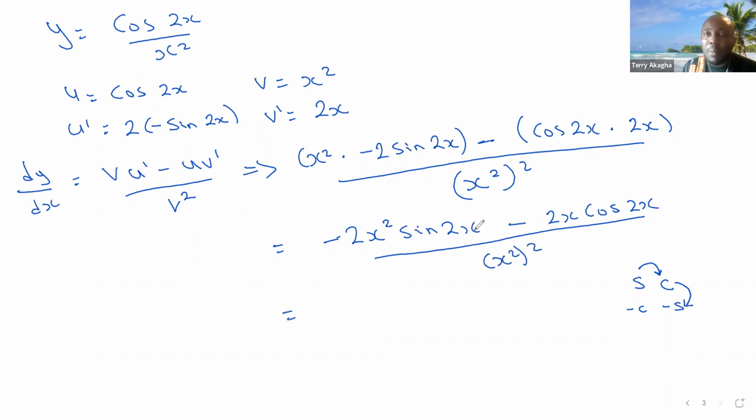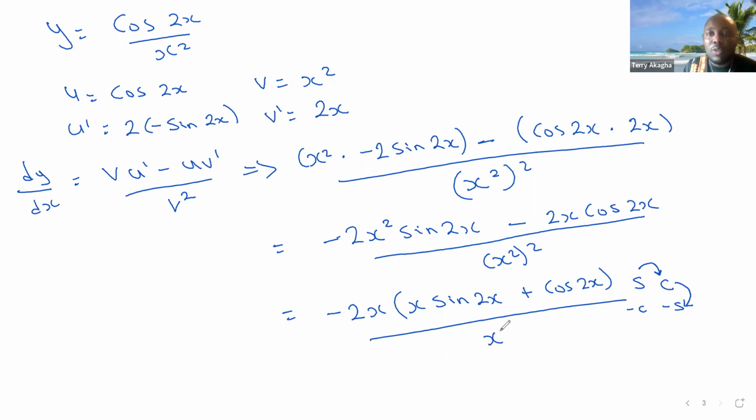Now, what is common? 2x is common here. So I can say minus 2x is common, and that will leave me with x sine 2x plus cos 2x, divided by x squared squared.